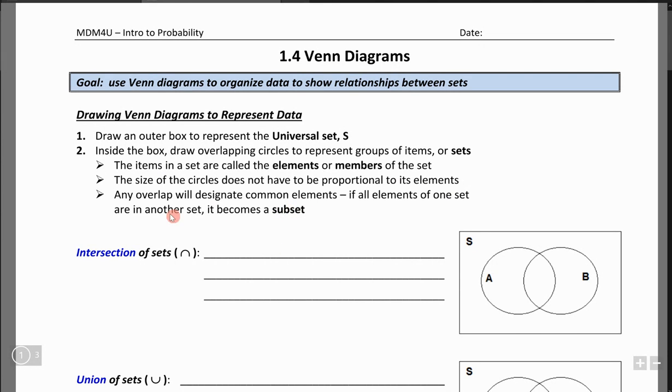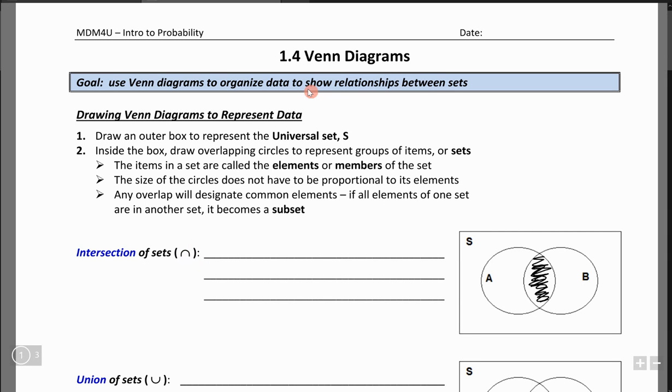Okay. So when you have two sets here, A and B, and they overlap each other like this, the elements that they have in common are in what we call the intersection between the two sets. And so we have a special notation for that, and it's this symbol right here. It looks like an upside down U. It's a little bit wider, so it's a wide U that's upside down. Intersection of sets.